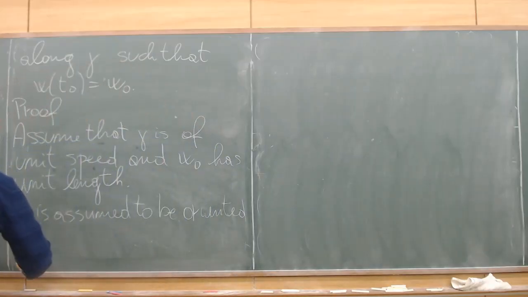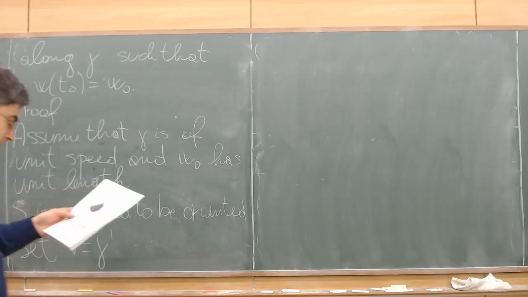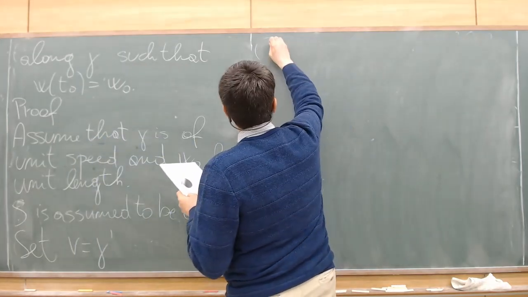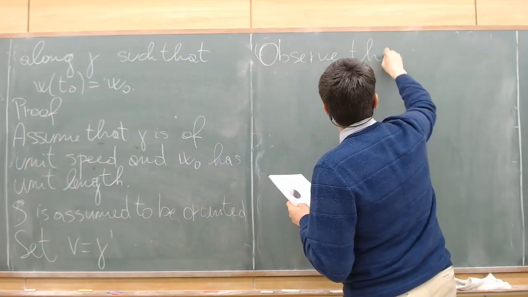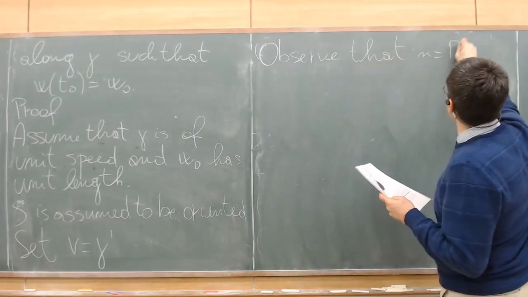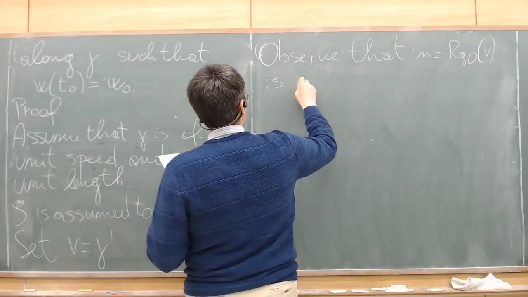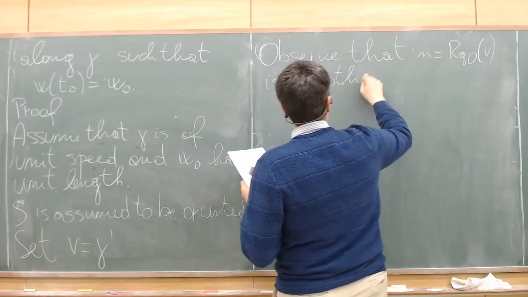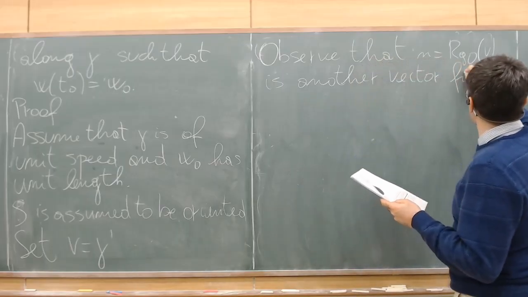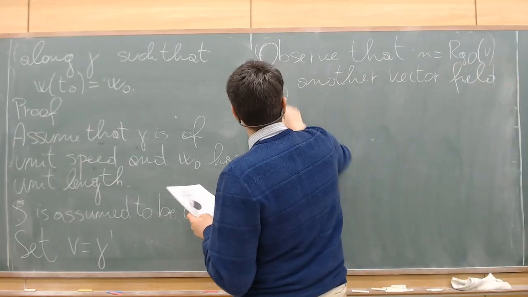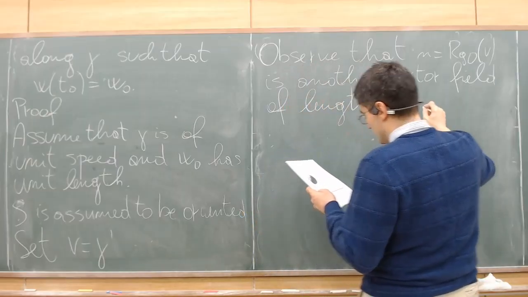Then we set V to be gamma prime, and we observe that N equal R90 of V is another vector field of length 1 along gamma.